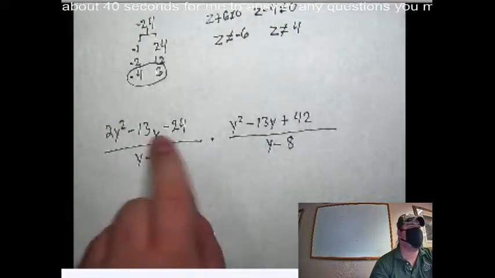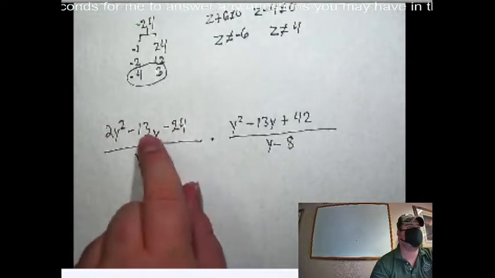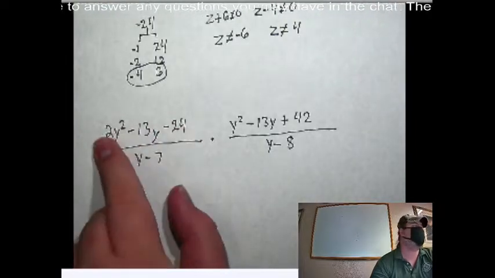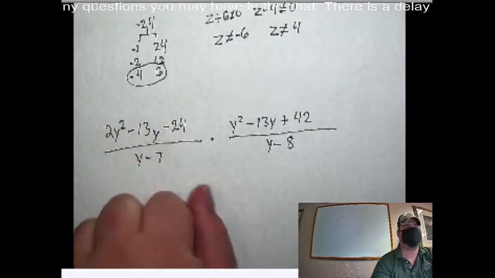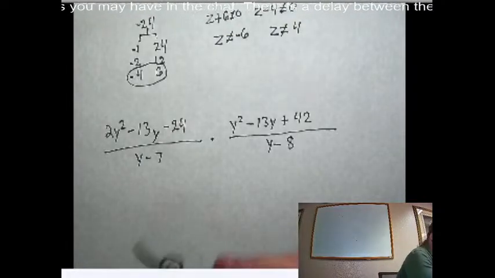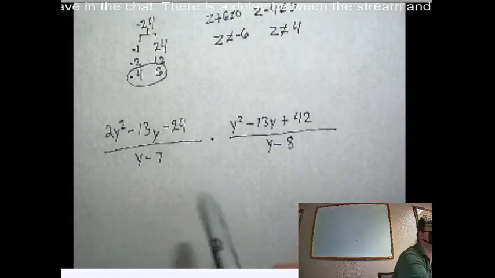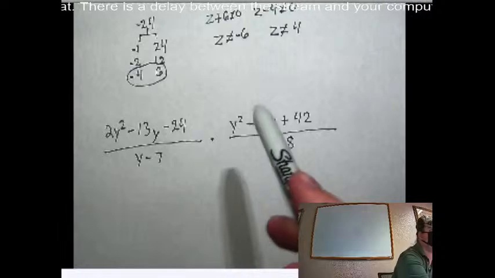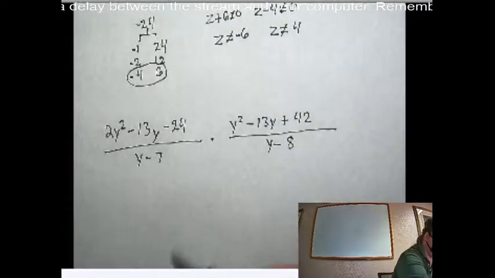Can I take out a GCF? Do all three of these numbers have something in common that they can be divided by? No. So got to use AC method. So my A is what? 2. My C? Negative 24.